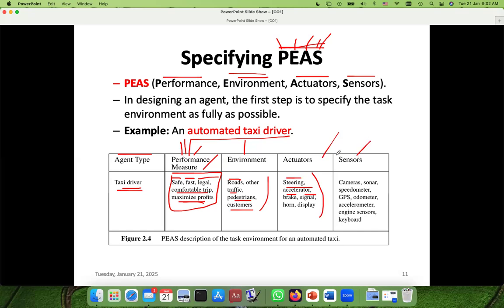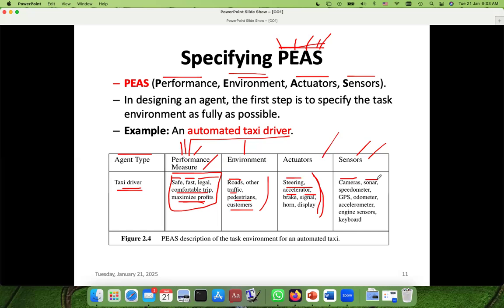Sensors, or you can say these are more close to your output devices. Anyhow, sensors. These sensors are the equipment through which you can take the readings, the observation, the input. So cameras in your taxi is sensor through which you are taking input from the environment. Sonar.